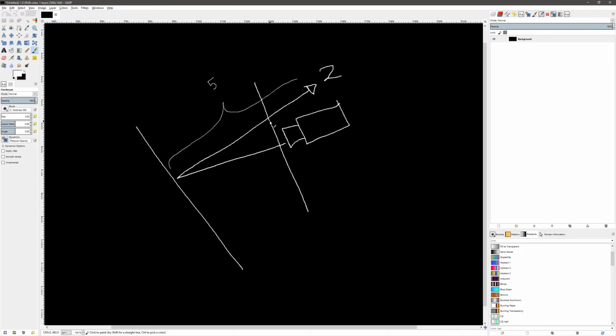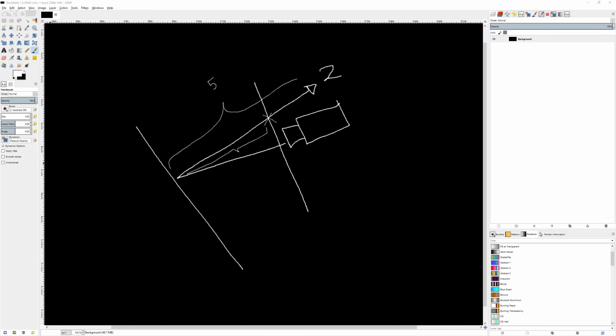We would pretty much like to take, we want to find this point, then calculate this length. And how do we do that in an easy way?